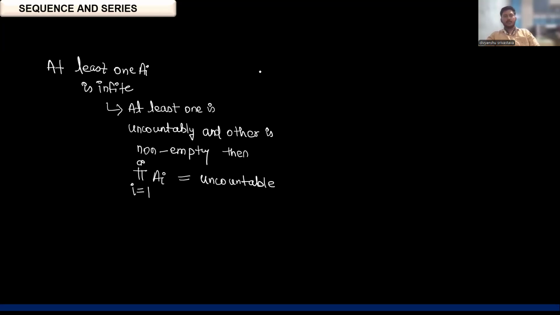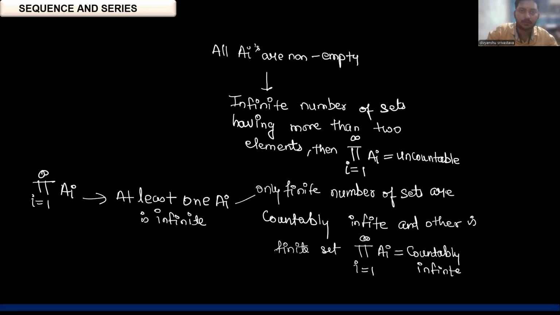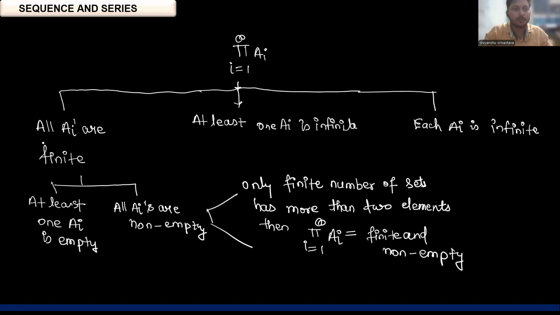Okay. And lastly, if each A_i is infinite, so nothing else. So these are the basic observations about this. If all A_i are finite, then we talk about these kinds of things: at least one A_i is empty, and all A_i are non-empty.